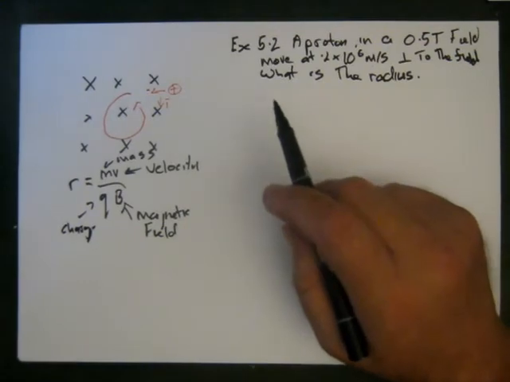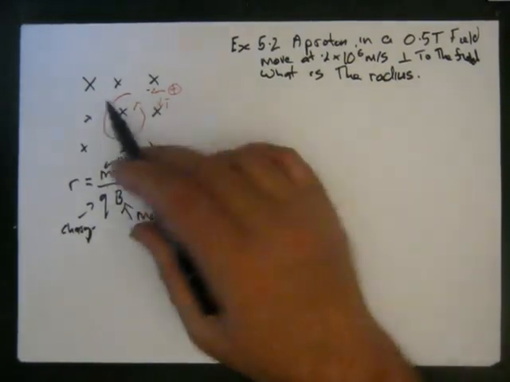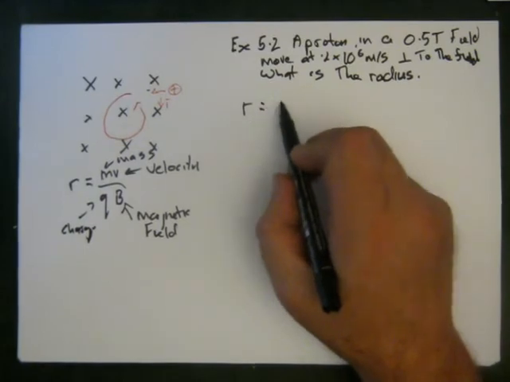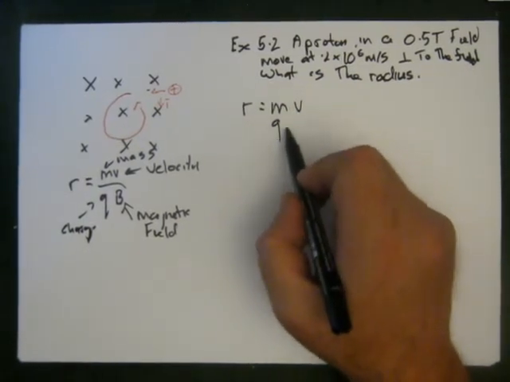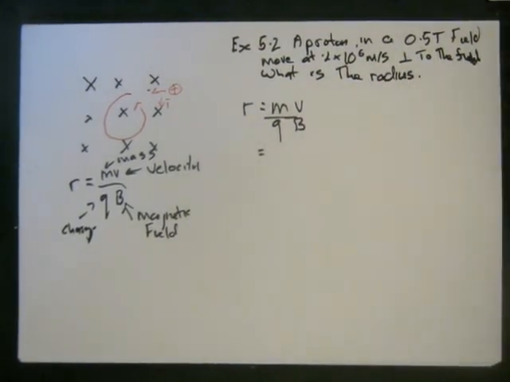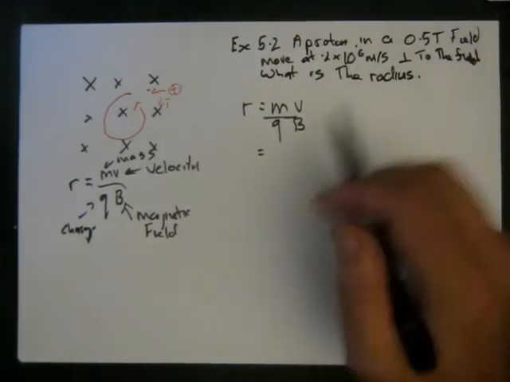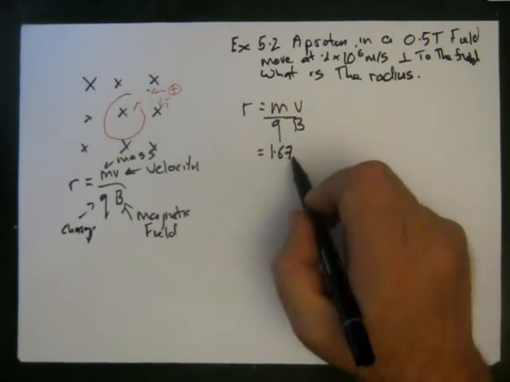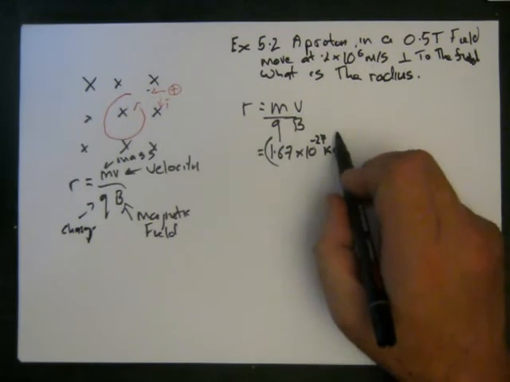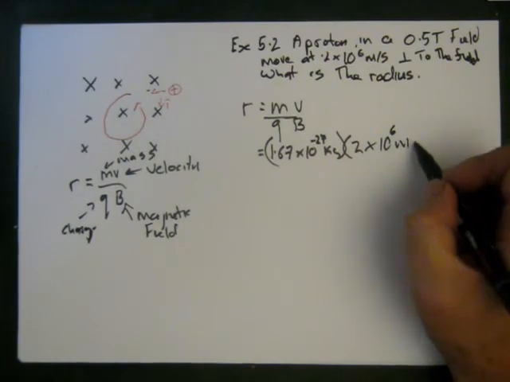What we can say here is we draw a picture, it's going around in a circle. We know r is equal to mv over qB, which is equal to, well, the mass we worked out before, 1.67 times 10 to the negative 27 kg, times the velocity, 2 times 10 to the 6 meters per second.